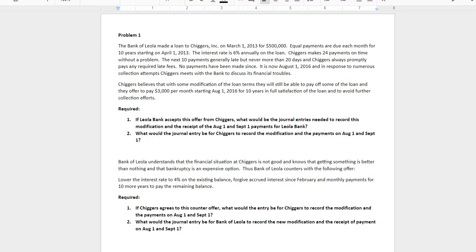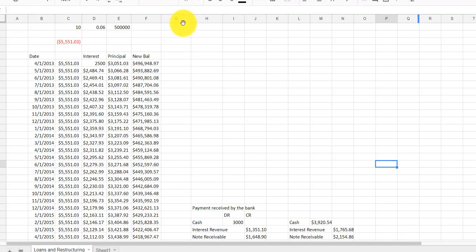So let's consider what that would look like from Leola's standpoint as well as Chigger's standpoint. Before we can do anything too far, we need to get some more information. We need to know what the original payment would be on this loan. To do that, we use our payment function in Excel.